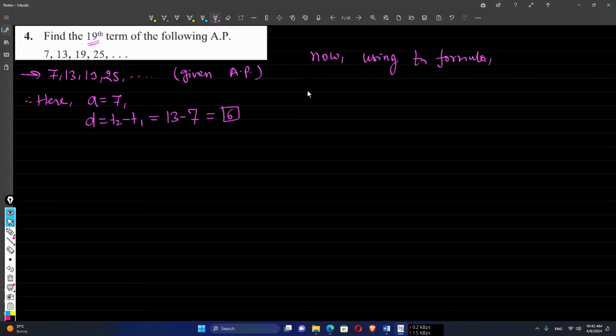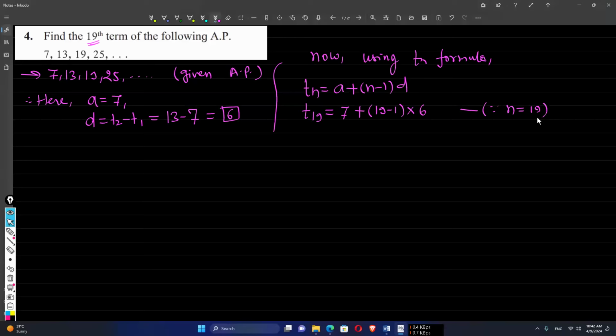The formula itself is Tn is equal to A plus in bracket n minus 1 times D. So T19 equals 7, which is the value of A, plus 19 minus 1 into 6, which is the value of the common difference, that is D. We will write this since n is equal to 19.